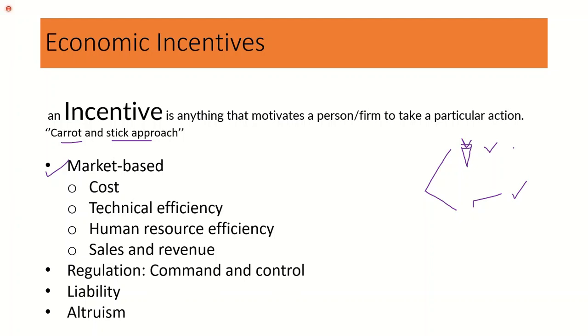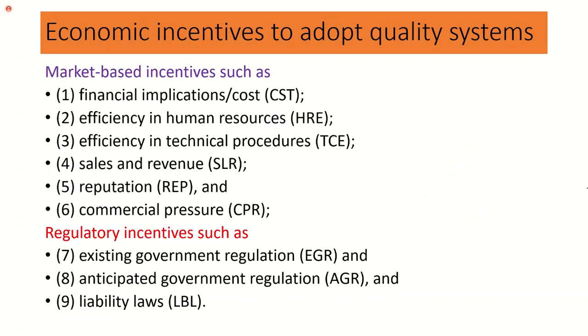Human resource efficiency increases, and sales and revenue increase. There is also reputation: people would say, okay, this is an ISO company, so we don't have to worry about purchasing from it. There is commercial pressure too: the media and people who live around my company pressure me to dispose of my waste properly and limit my emissions.